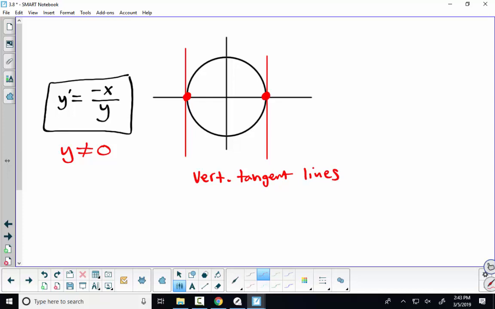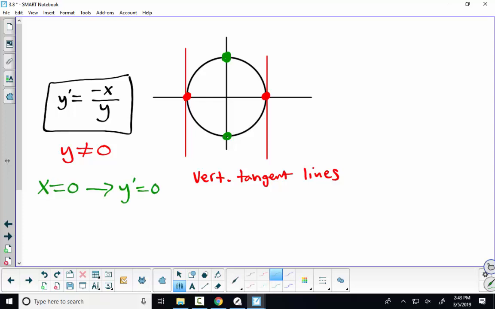What happens when x is 0? Slope is just 0. And our derivative, if y can't be 0, 0 over any y value is always going to be 0. So when x is 0, that gives us these 2 points. When x is 0, we have that point and that point. When x is 0, y prime is 0.